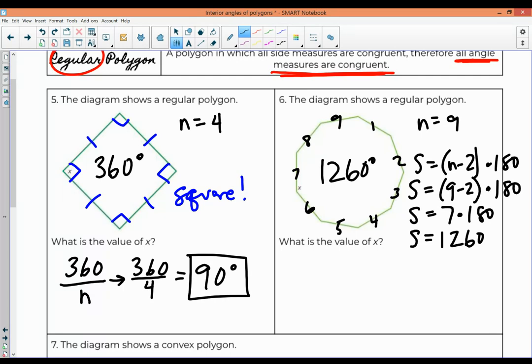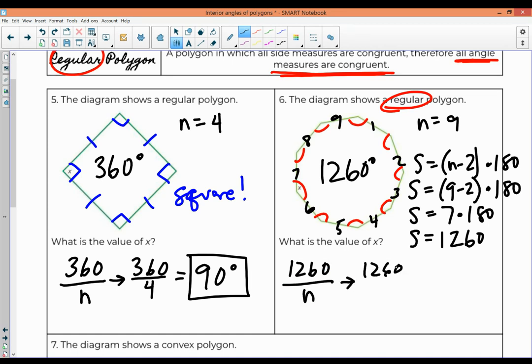But since I want to find the value of x here, and I know each of these angles is congruent since it's a regular polygon, I'm going to take 1260 and divide it by n, which in this case is 9. When I do that, I get 140. So each of these angles is 140. That makes sense. It's obtuse, but it's less than a straight line.